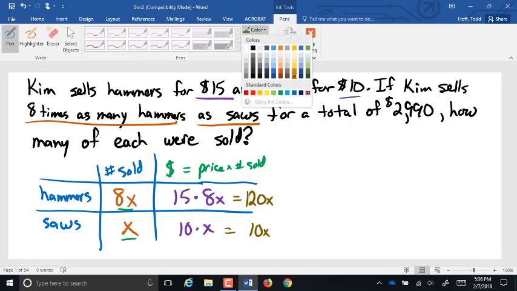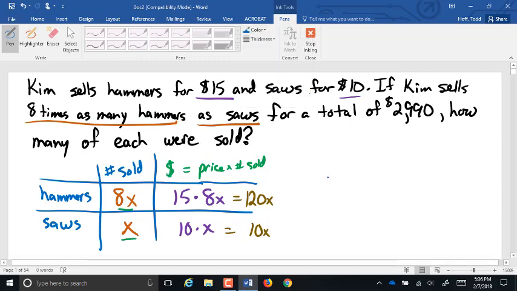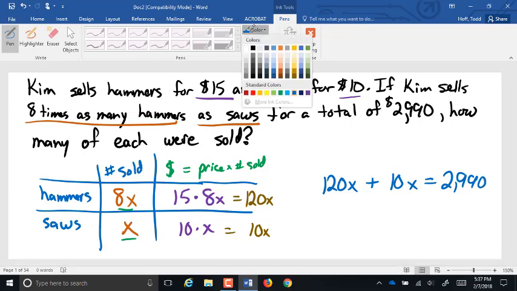And we go on to our equation. We're going to have an equation of 120X, the amount of money from the hammers, plus 10X, the amount of money from the saws, equals our total of $2,990.